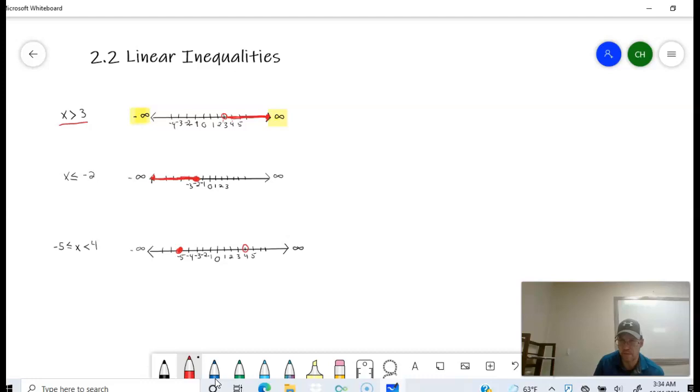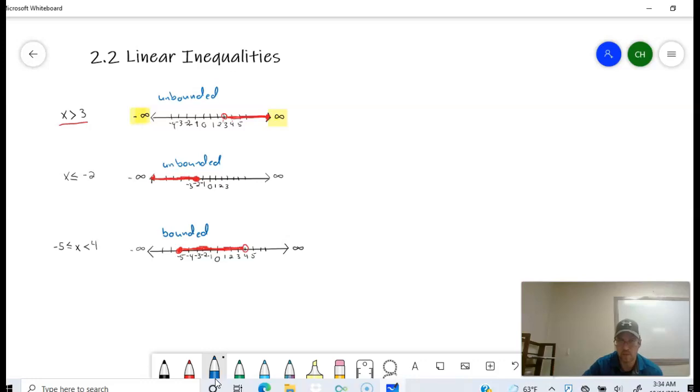So this is called a bounded interval because x is somewhere between those two endpoints. Alright? So unbounded is the first one. Unbounded is the second. And the third is bounded.